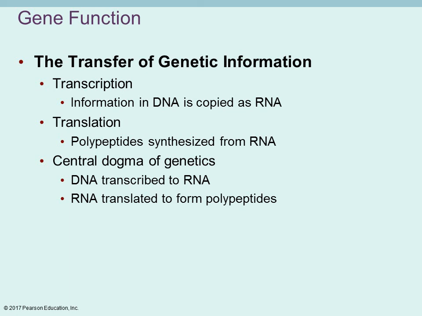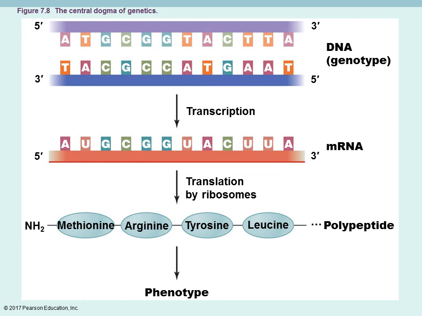So the central dogma of genetics refers to DNA being transcribed to RNA, and then RNA being translated into proteins. As you can see in this diagram, DNA, which is a nucleic acid, contains the genotype, all the information for controlling everything in the cell.